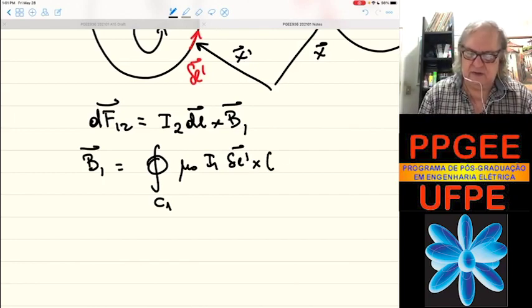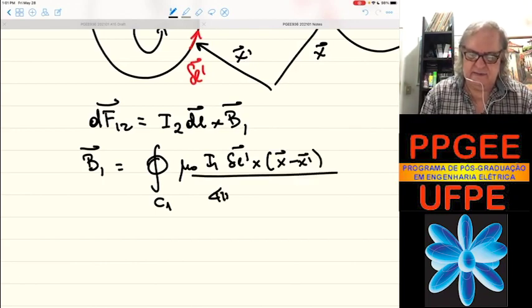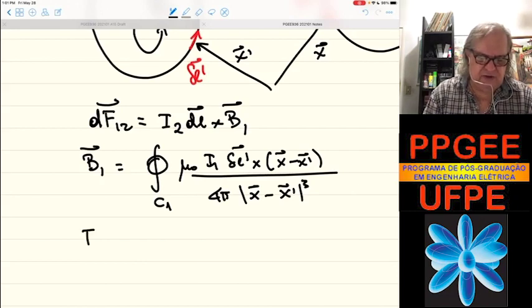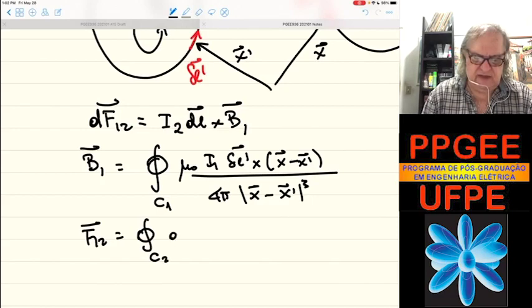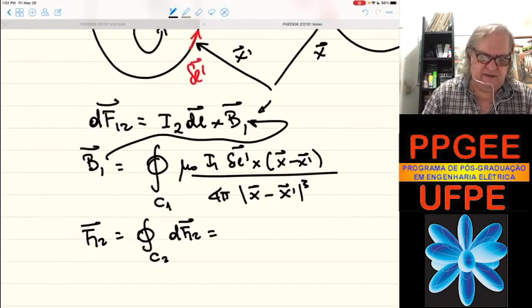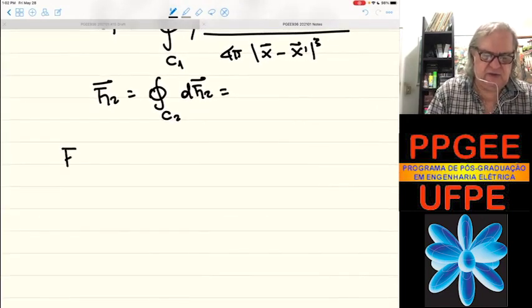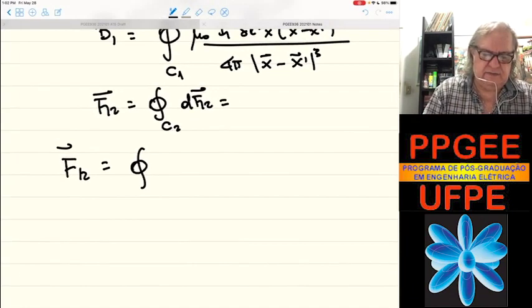So it's cross product with x minus x prime over 4 pi x minus x prime cubed. So the total force F12 equals to the integral over circuit 2 of dF12. So we put this here, and we obtain the force F12, the total force between circuits, equals to double integral.